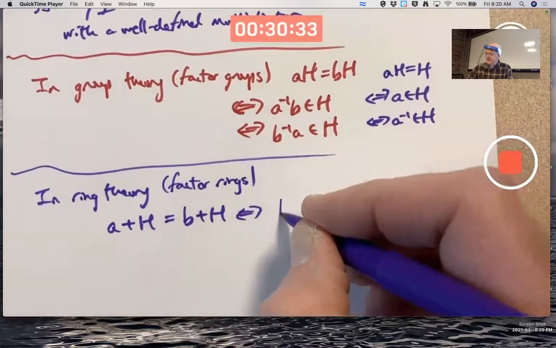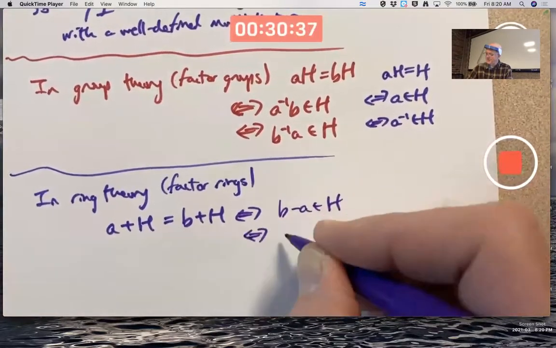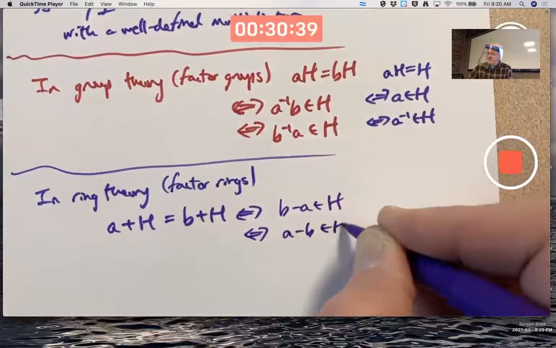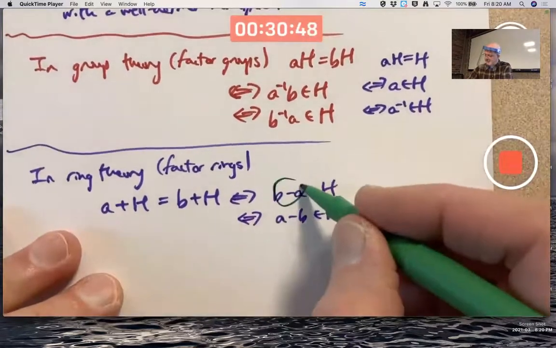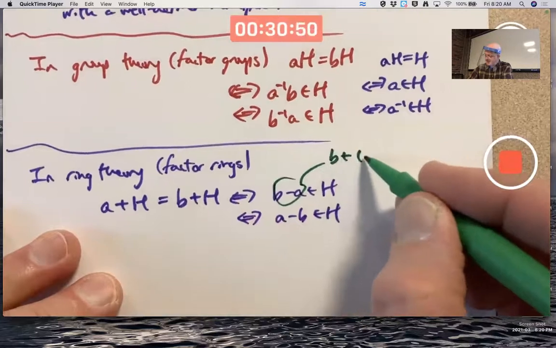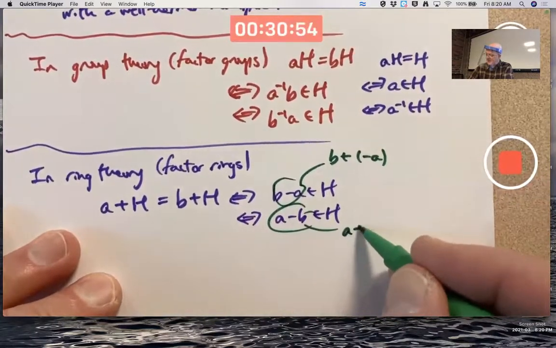If and only if B minus A is in H, which is true if and only if A minus B is in H. Since the group operation is addition, B minus A really means B plus the additive inverse of A, and A minus B really means A plus the additive inverse of B.